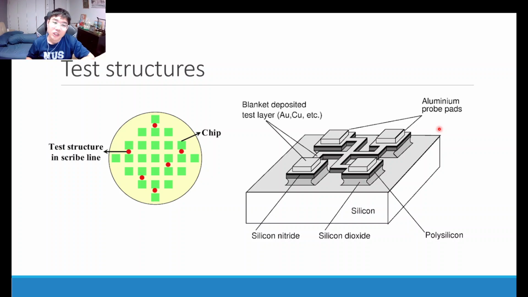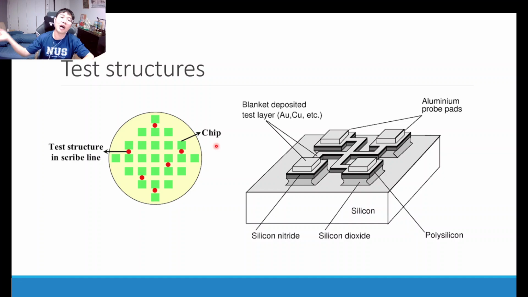That's very possible. So we normally have these test structures that are fabricated in the scribe lines. The scribe lines are the areas between the chips that will not form part of the chip. In fact, the wafer is normally diced along the scribe lines to form the individual chips. So this is considered unused space, so to speak, that's not used to make the actual functional chip.